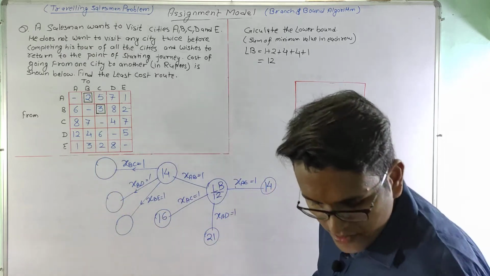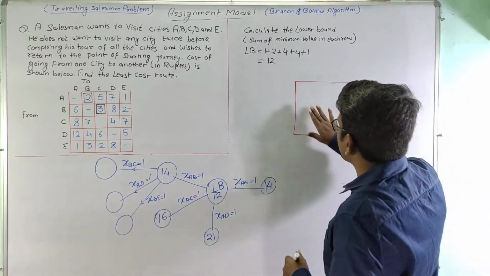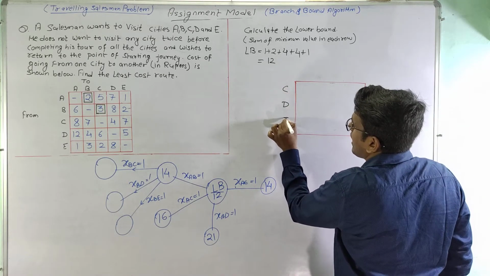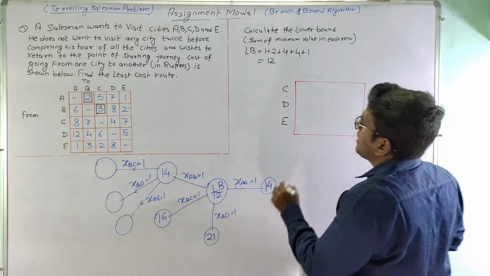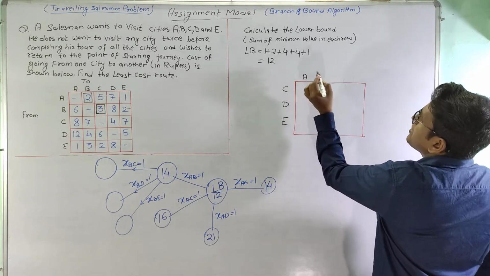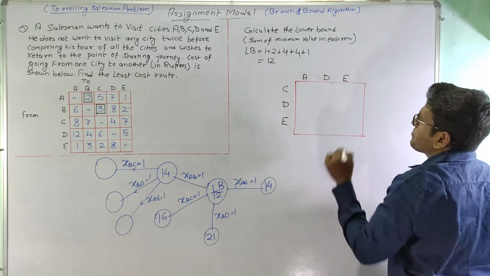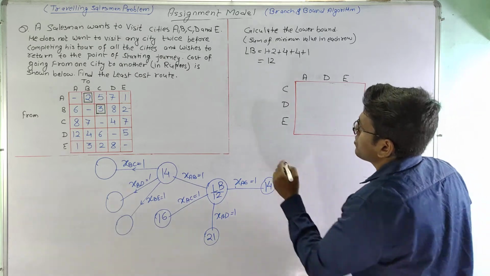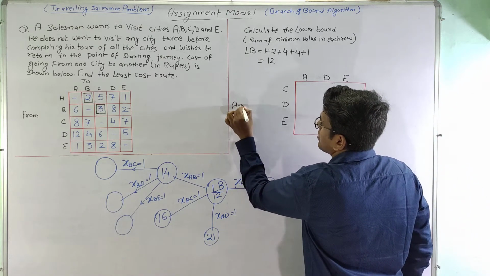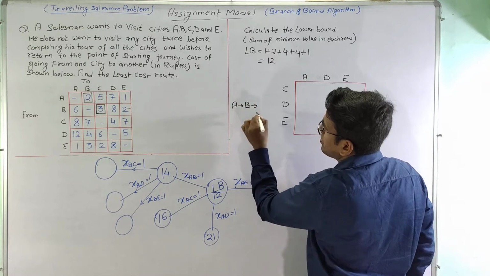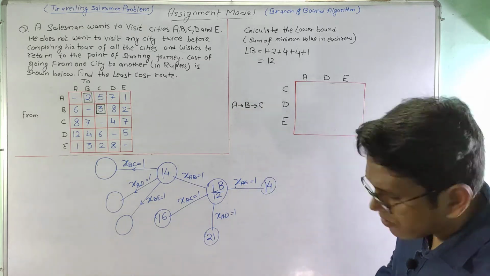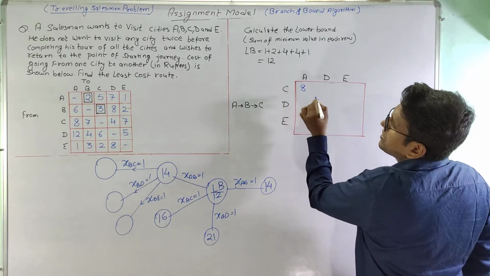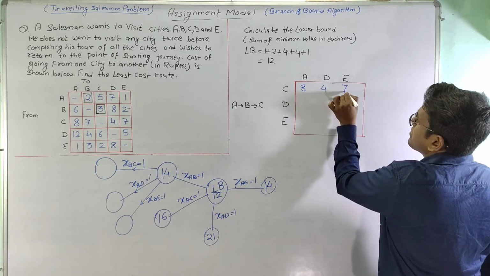Now our matrix again has been reduced to a 3 cross 3 matrix, where we have C, D and E, and here we have A, D and E. So let us see C and A, and it is going from A to B to C. So CA will be 8, CD will be 4, CE will be 7.